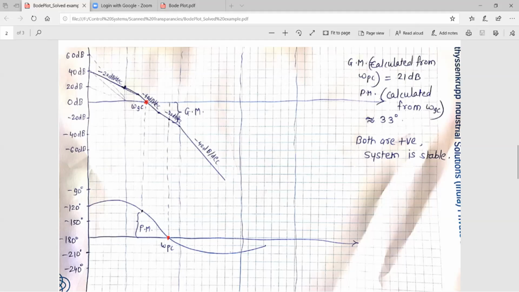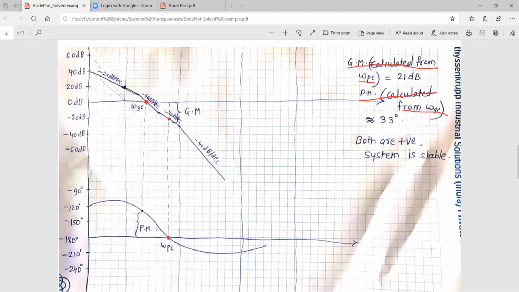Gain margin is calculated from omega PC and phase margin is calculated from omega GC. How? Take the omega PC point upwards and draw a dotted line till it intersects your gain plot. At this point it intersects.